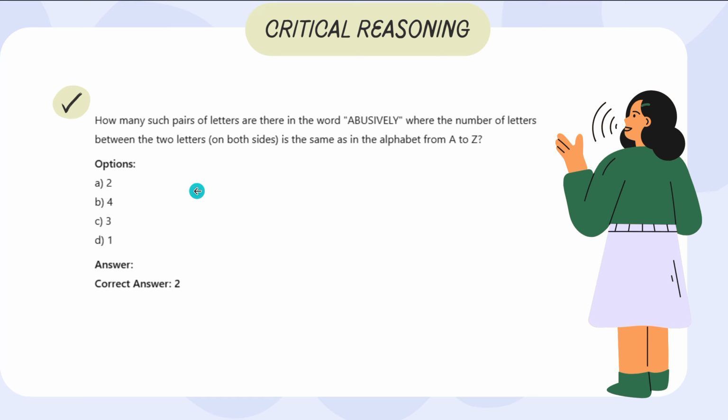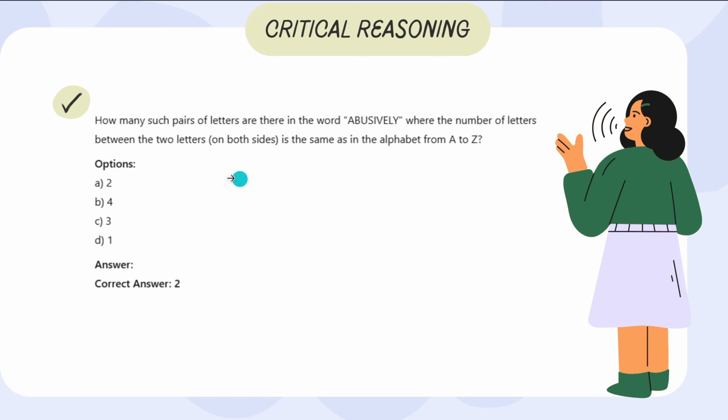This is from the critical reasoning. How many such pairs of letters are there in the word ABUSIVELY, where the number of letters between the two letters on both sides is the same as in the alphabet from A to Z?